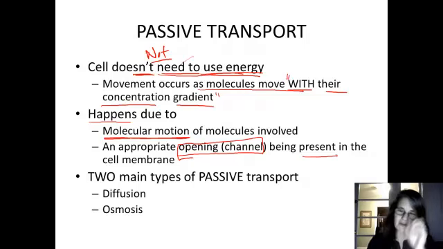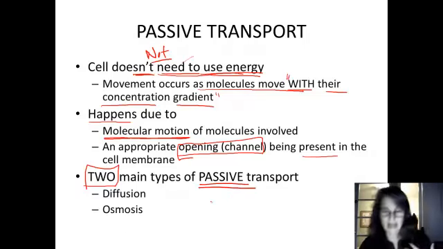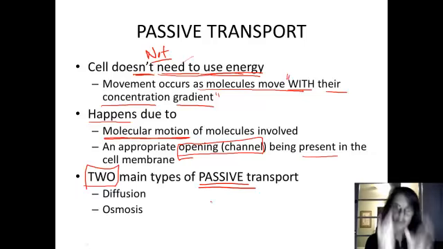Not always. Remember, if something is small and nonpolar enough, it may be able to pass through the phospholipids between them. But in general, we got to have a channel for most things. Now, there are two main types of passive transport, okay? Remember, we said there's passive and there's active transport. There are two subgroups of passive transport.